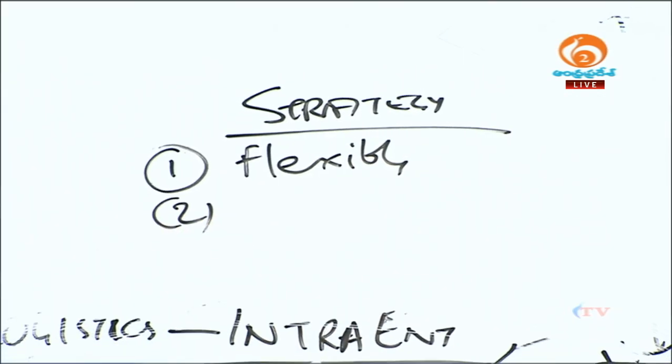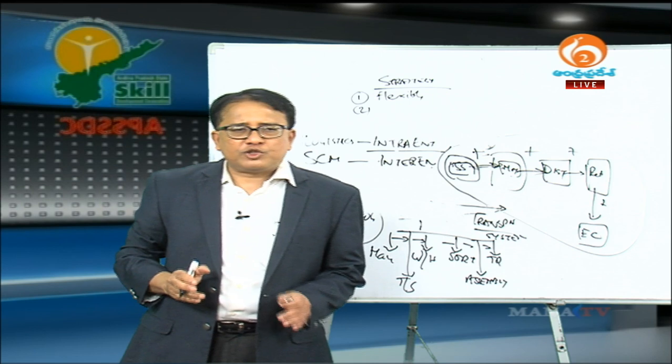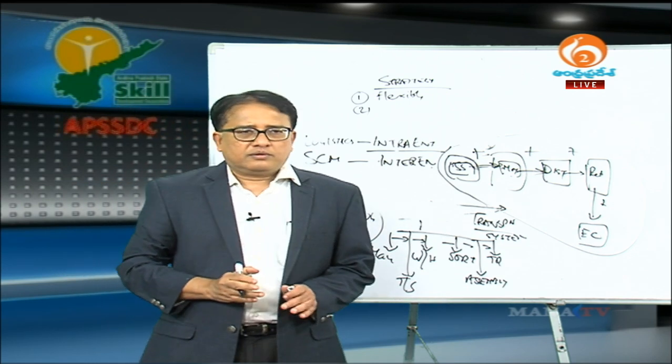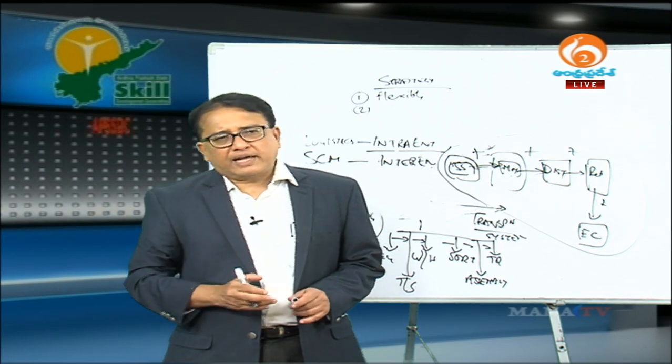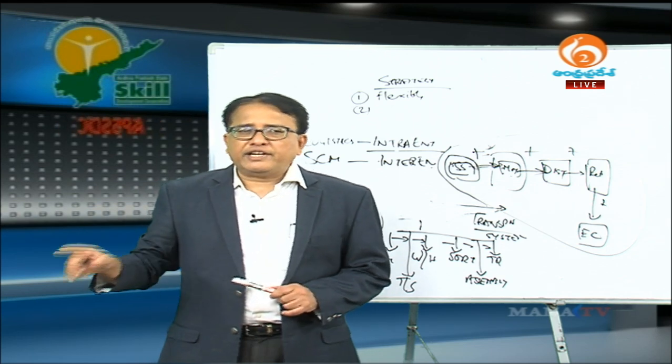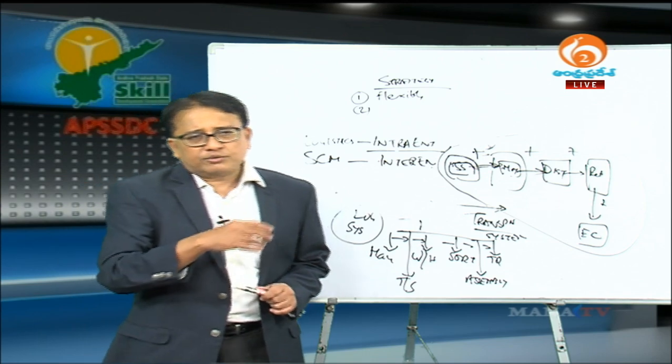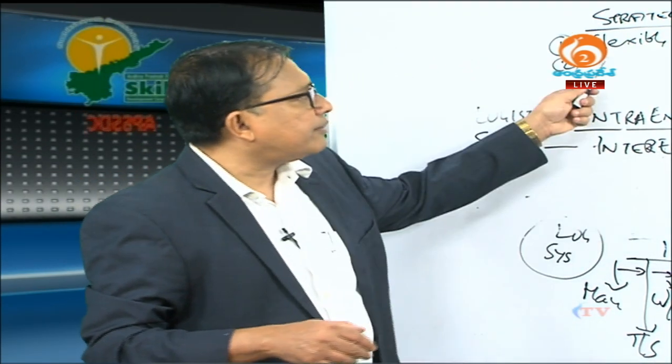That means a company should be in a position to change its posture, its plan, depending upon the need of the market, the need of the situation. In case of any change, there should not be any problem.